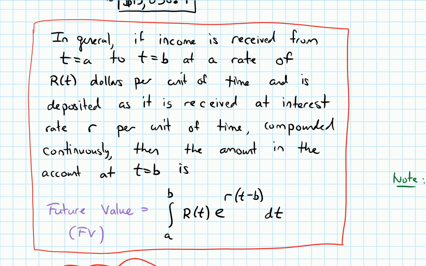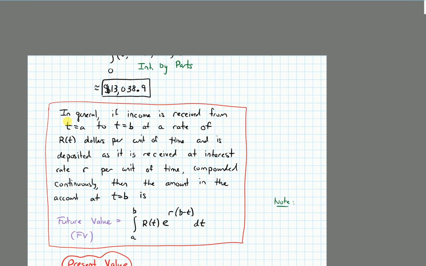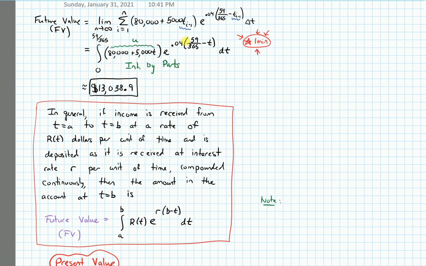Looks like I got that backwards at first; it should be b minus t. If we compare this to the integral above, it has the same general form: r of t in front, and then e to the r times b, the ending time, minus t.